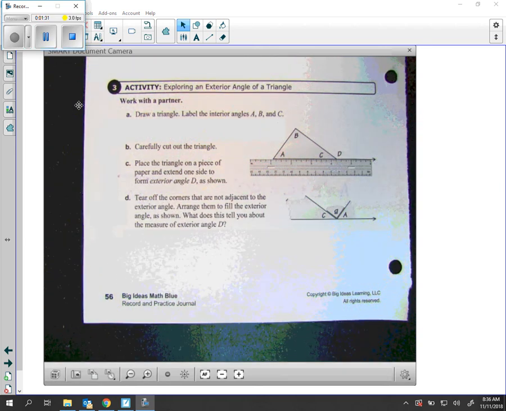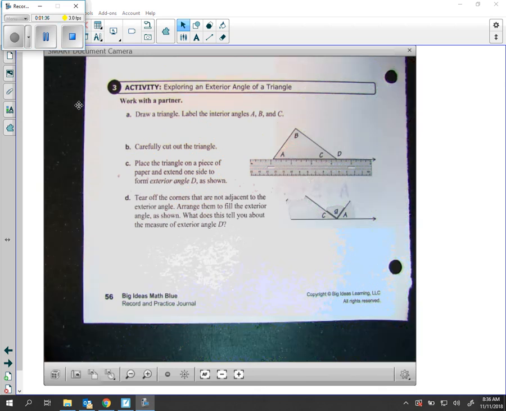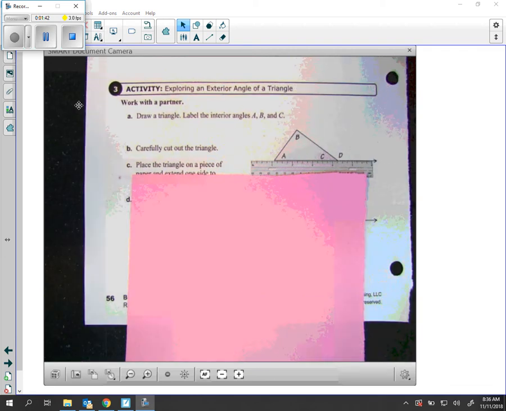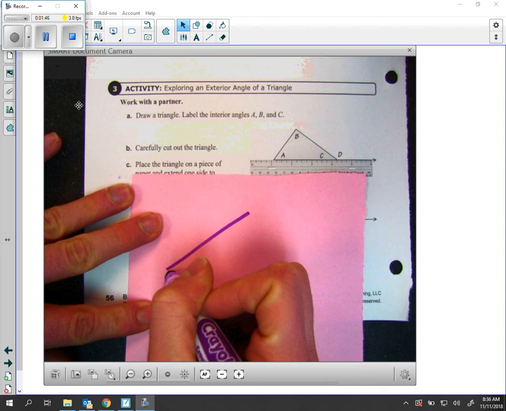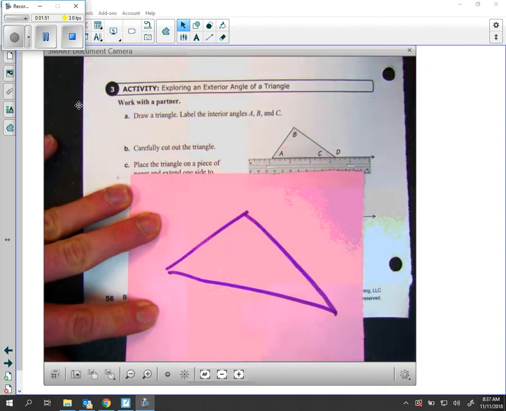Just like in activity 1, the first step says to draw a triangle and label the interior angles as A, B, and C. So I'm going to do that. You can make yours similar to their example, or you can make yours different. Mine is kind of similar.